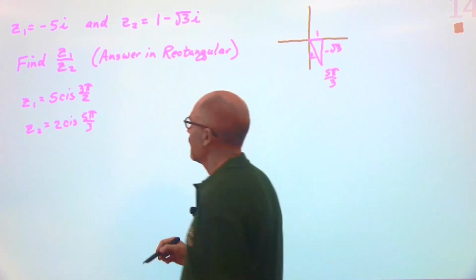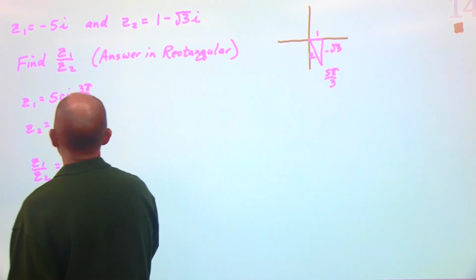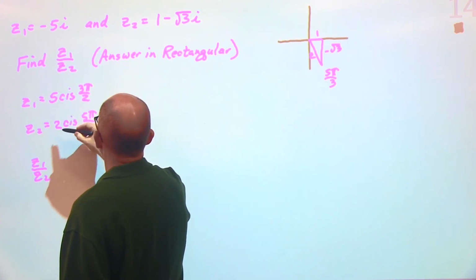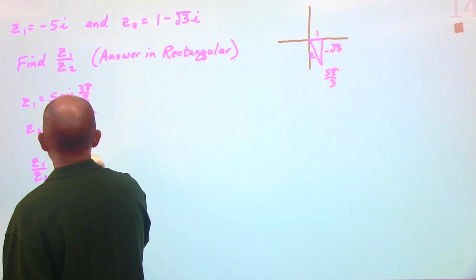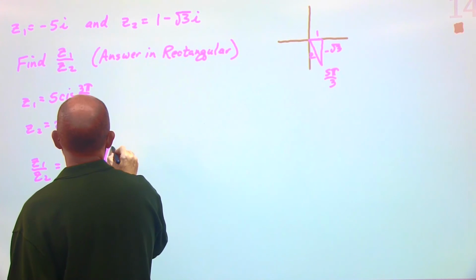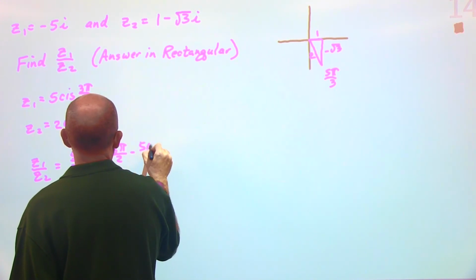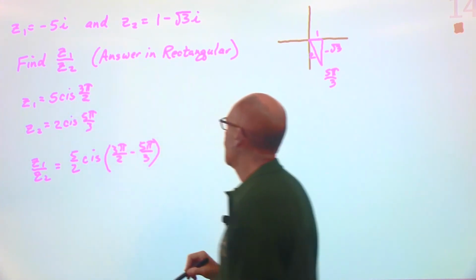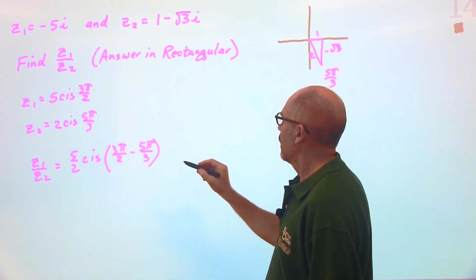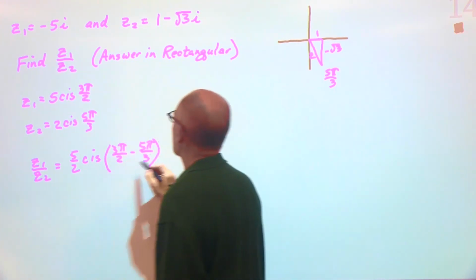Okay, so z sub 1 over z sub 2 equals 5 divided by 2, which is 5 halves, cis 3 pi over 2 minus 5 pi over 3. Now we have to get common denominators.